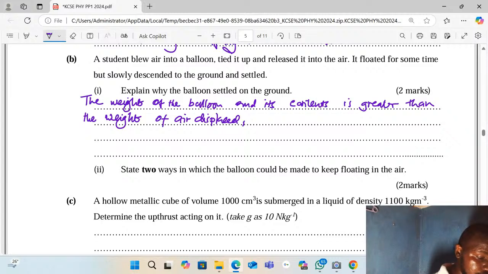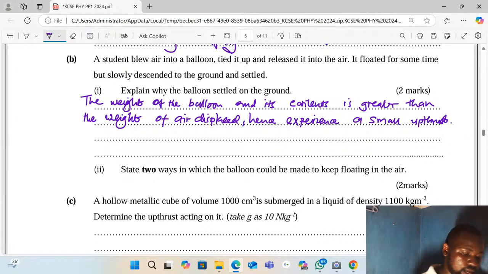Therefore, this in turn will bring about a small impact of upthrust. Hence, it experiences a small upthrust.